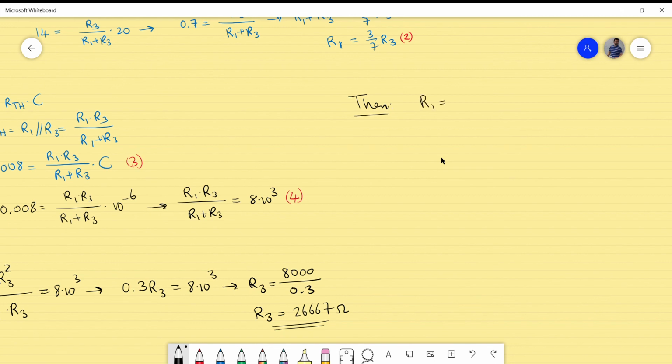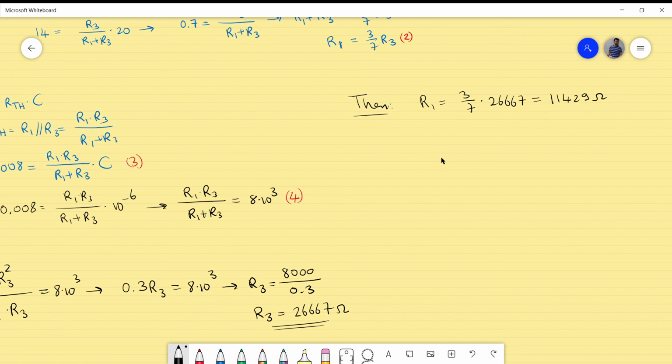R1 is 3 over 7 times 26,667, which gives us the value 11,429, which is rounded off, so there might be a little bit of error.